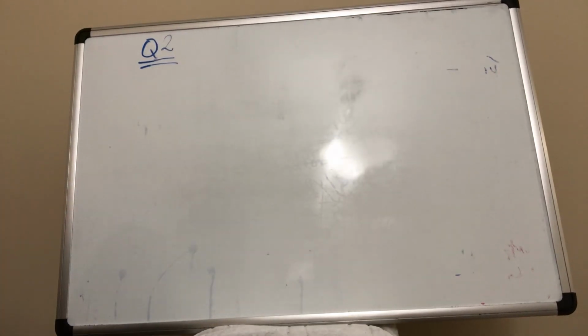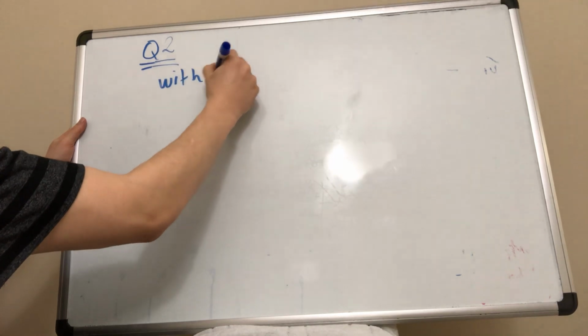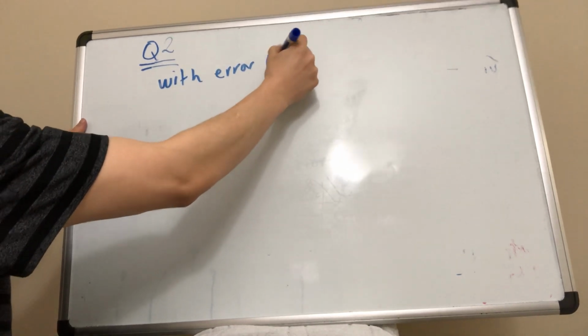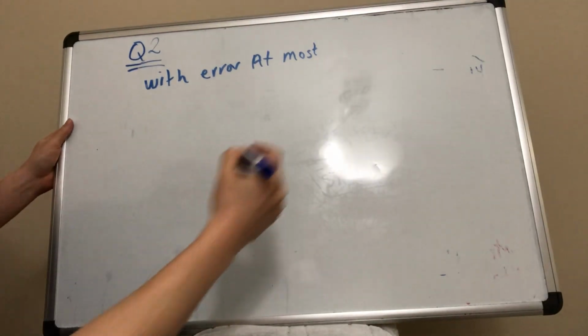Question 2, they tell you that they're preparing a survey, confidence interval, with an error at most 4%.